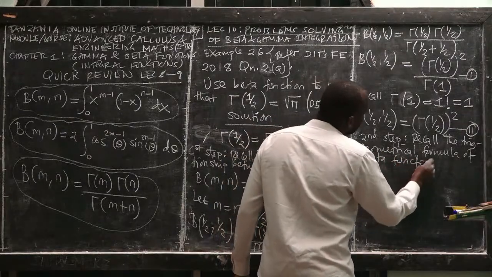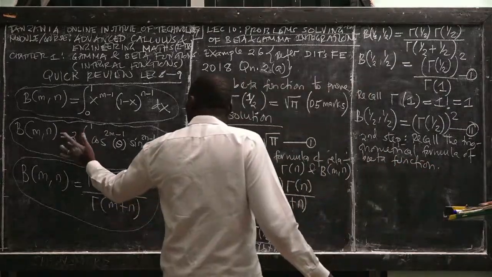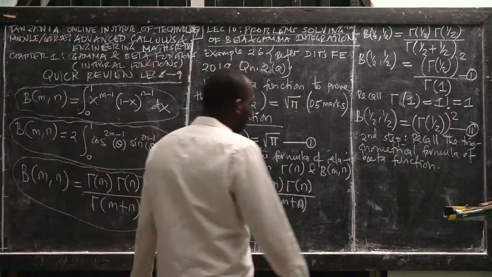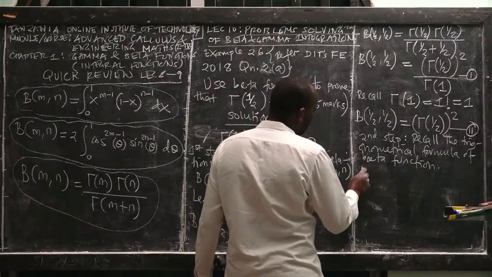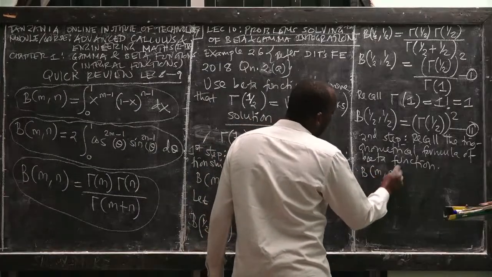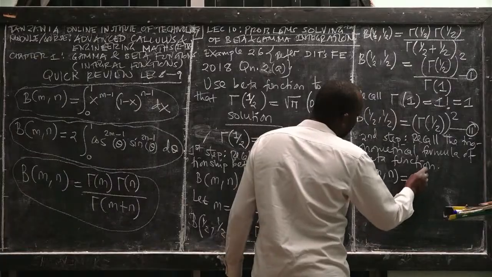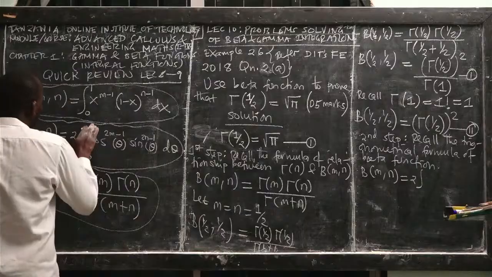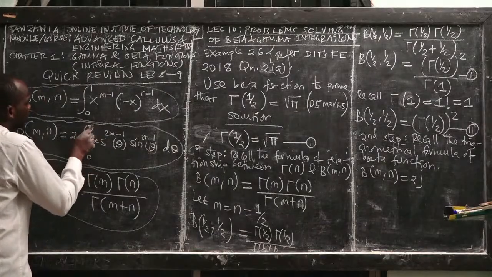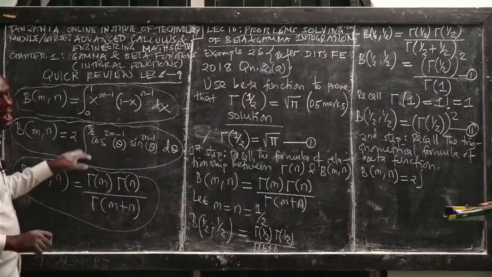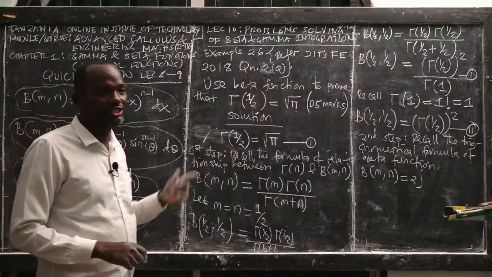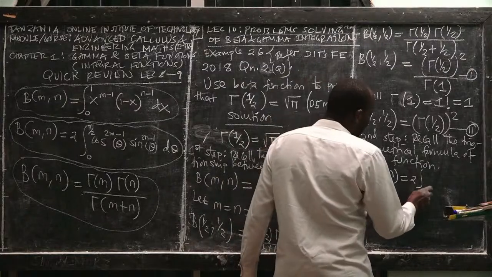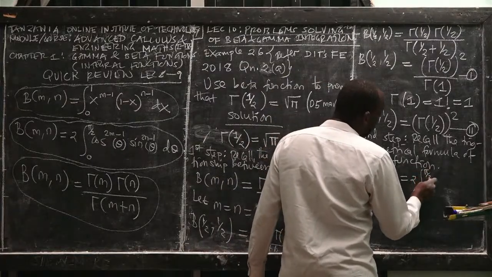So here we recall that second formula, the trigonometrical formula of the beta function. Which is what? Beta of m, n is equal to 2 integral from 0 to pi over 2. Thank you for the correction, a student tells me I made a mistake. True, I made a mistake there: 0 to pi over 2.